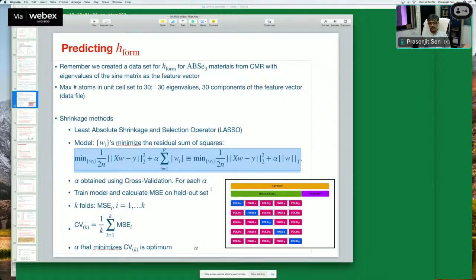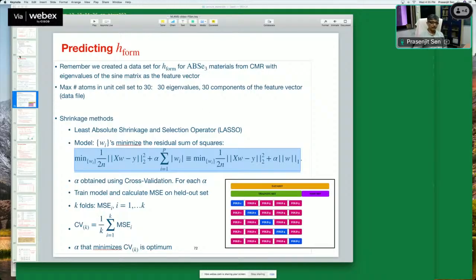So you basically add the absolute values of all the coefficients of the linear model multiplied by some constant alpha. And remember that this penalty term does not include the intercept.